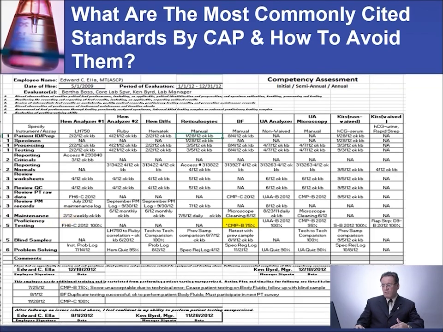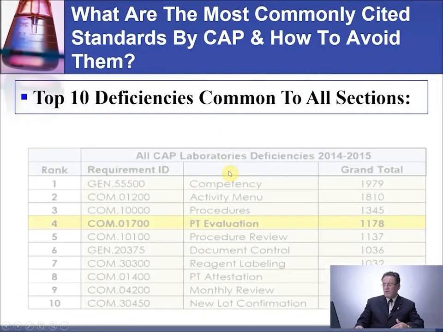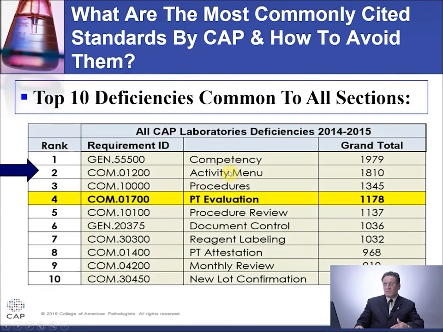Now for blind samples, you put an A if the technologist did PT. If they did not do PT, then you need to give them a previously analyzed sample for that test system. This is how you do it, and then you can do the rest of the test systems. And this is another example for a blood gas machine. So I'm done with the competency.